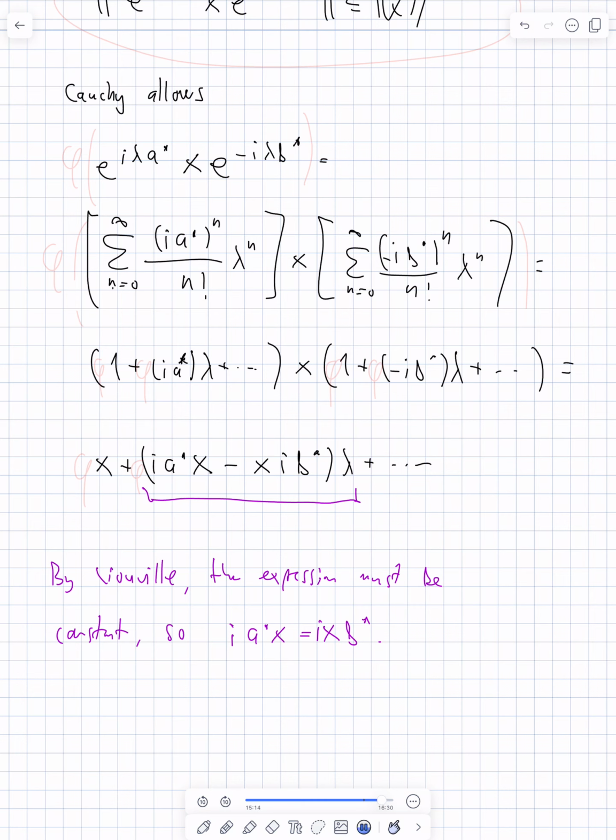But of course, there is no Liouville theorem for general sums in C-star algebras.